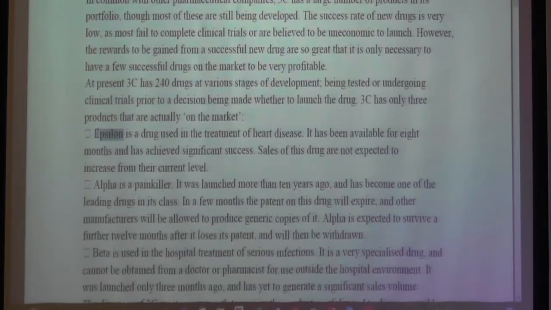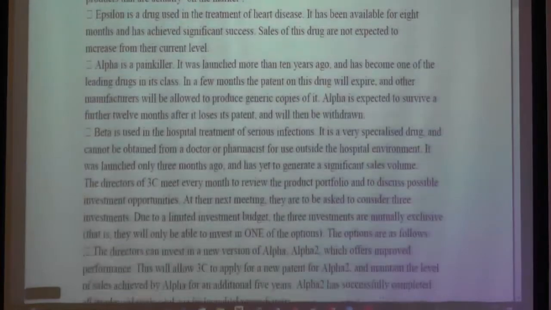The Epsilon product is there for only 8 months. Alpha, the painkiller, has been there 10 years ago, so we could say Alpha is in the maturity stage of the product life cycle. And Beta, the serious infection drug, was launched 3 months ago. And so that's about that.